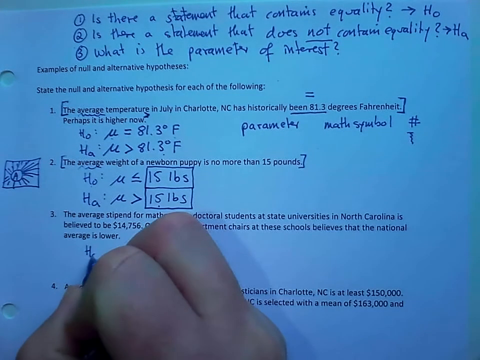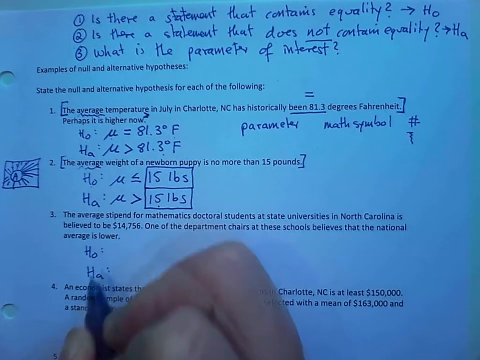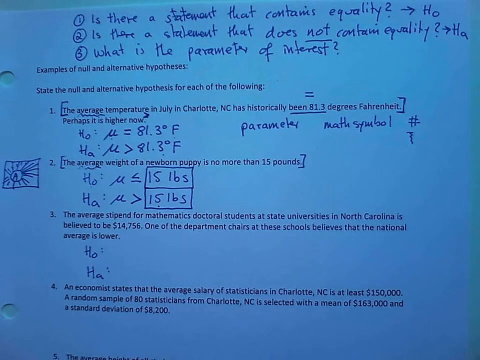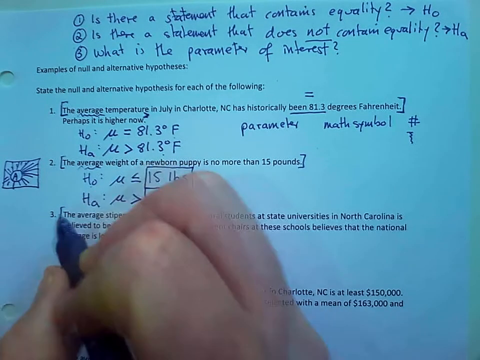Here again, we're trying to write our null and our alternative hypotheses. The first question that we ask ourselves whenever we're trying to write the null and the alternative is, is there a statement which contains equality? And yes, we do have such a statement here.